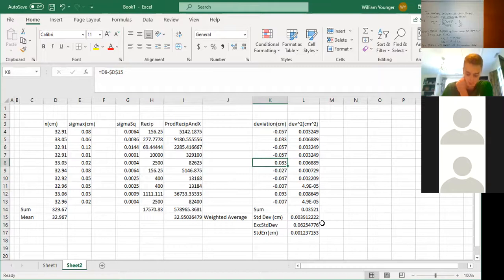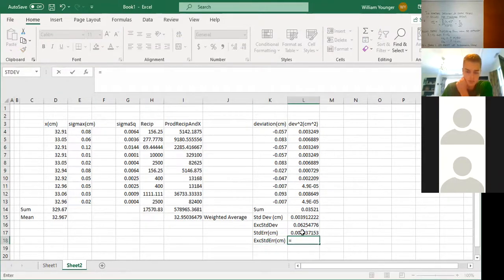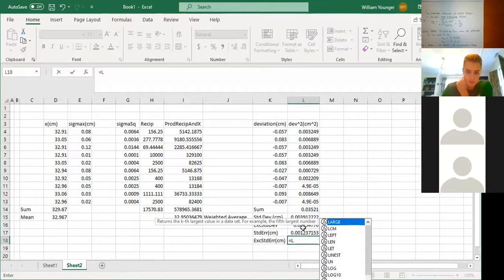But what we do know is that once you add the standard deviation, and by the way, I'll say Excel standard error in centimeters. In case the standard deviation that Excel computed is right and I made a mistake, I'll go ahead and compute it here. This is equal to the Excel standard deviation, which was right here.